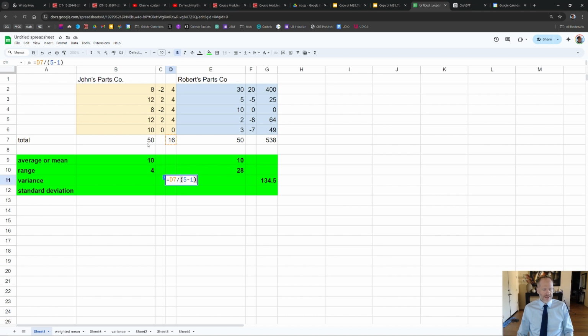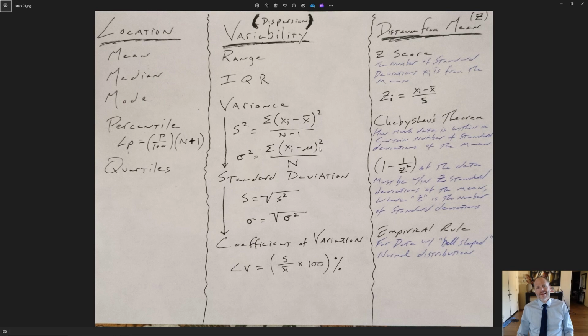That's why in this formula, for a sample you divide by n-1, but for a population you divide by n, all of the elements in the population. People who get PhDs in statistics have figured out that for a sample, you need to divide by n-1, and that helps you more closely approximate what's going on with the population.